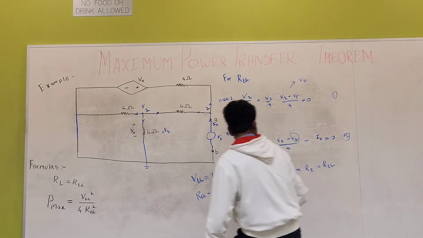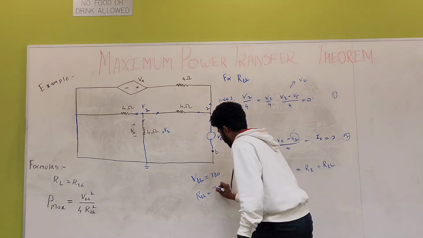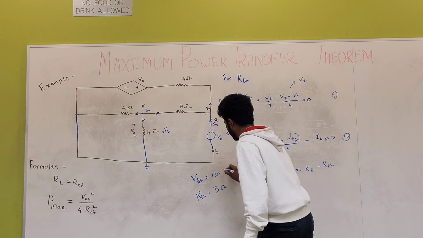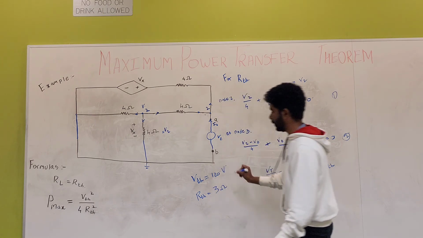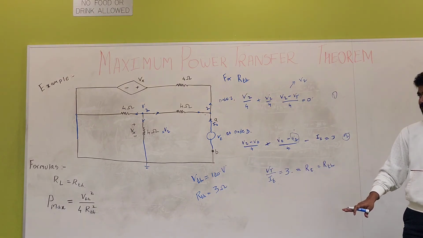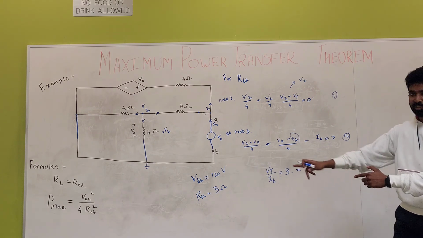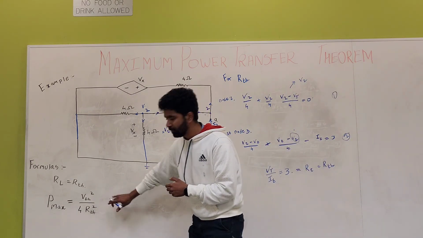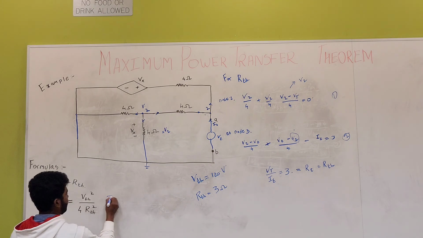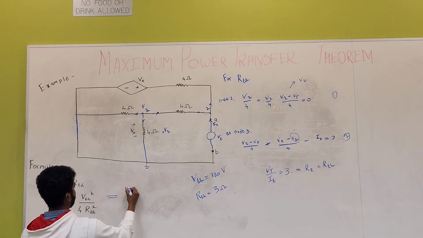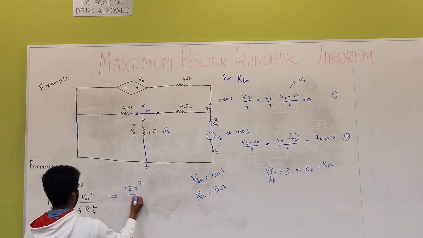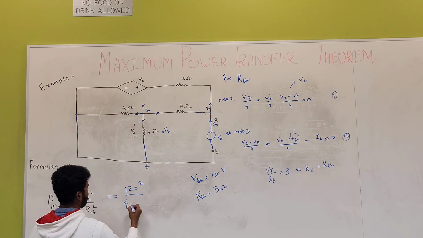So using these two equations, I got my RTh equal to 3 ohms, and this was volts. Now I just need to calculate my maximum power using the equation over here, equal to 120 square upon 4 times 3 square.